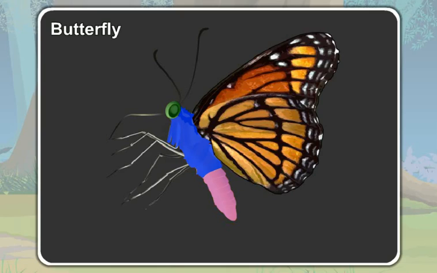We can divide it into 3 parts. They are the head, the thorax, and the abdomen. This is a head. This is a thorax. And this is an abdomen.